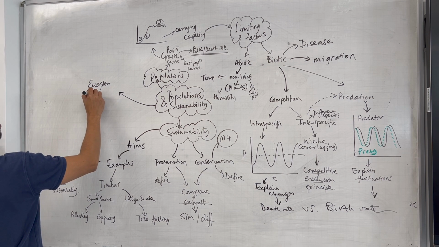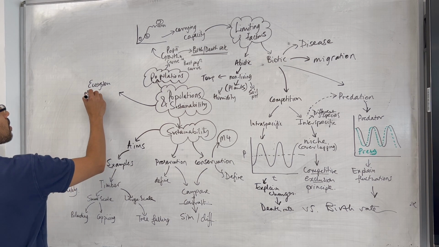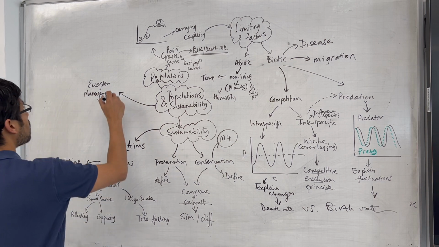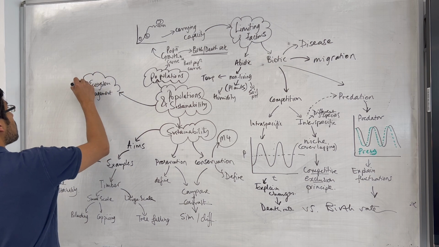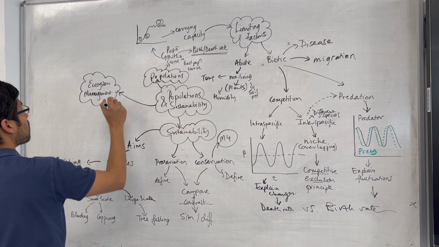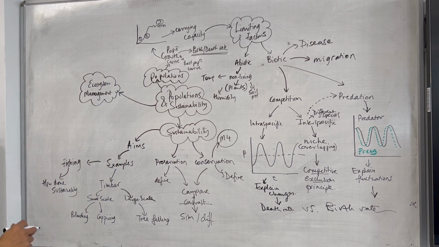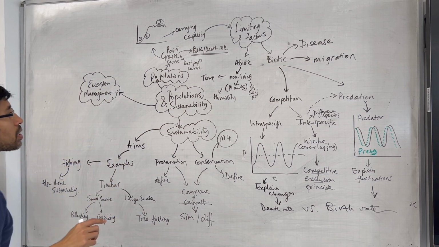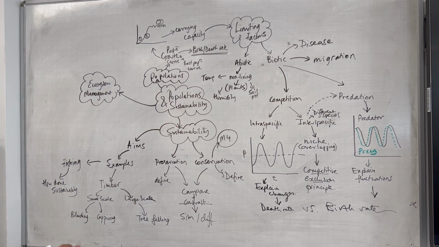Because there's just too many small points that I would have to go through, and I don't have time for that. But in the specific ecosystems that you have to know about, if there is a question, I'm sure if OCR have any morals at all, they'll base the question on one of those ecosystems.